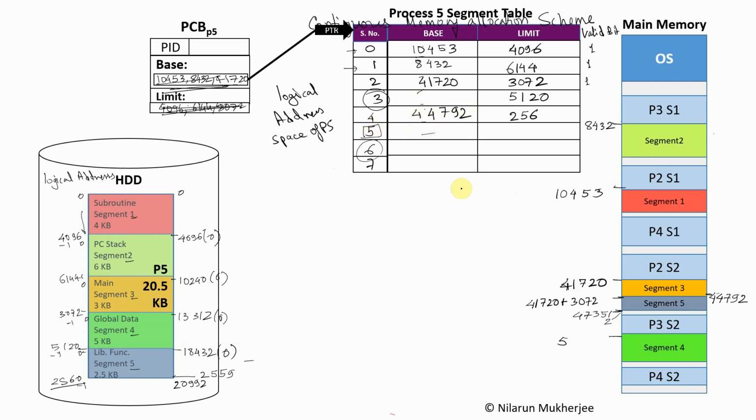And segment 4, that is our 3, will start from 54357. Suppose this is the address, so it will have 54357.